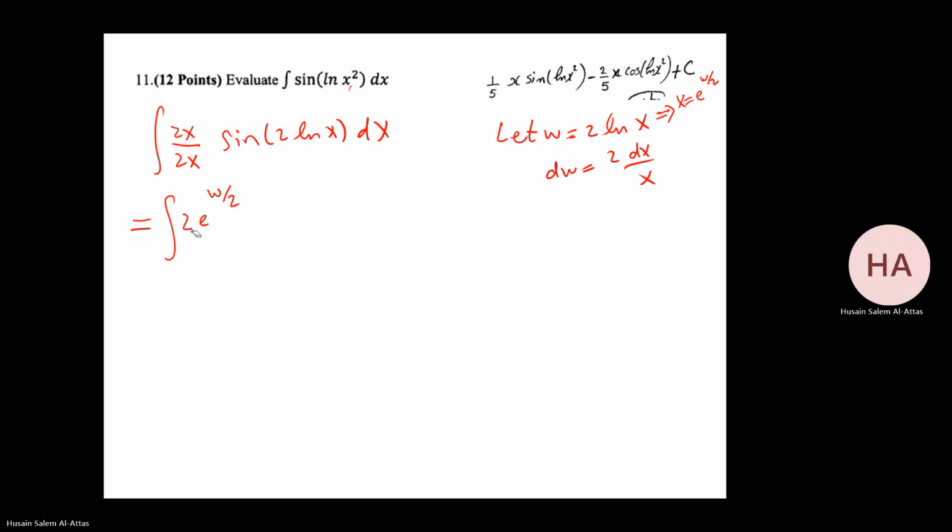So what is the remaining? The remaining will be x over 2. So I have half e^(w/2) times 2 over x dx, which is dw, and sine w dw. Then now I need to do integration by parts. Is it clear? Let me rewrite it as 2 over x times x squared, and this will be my dw.